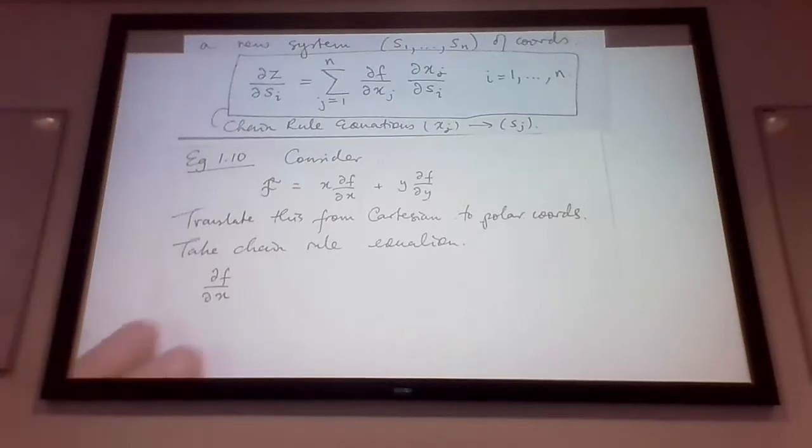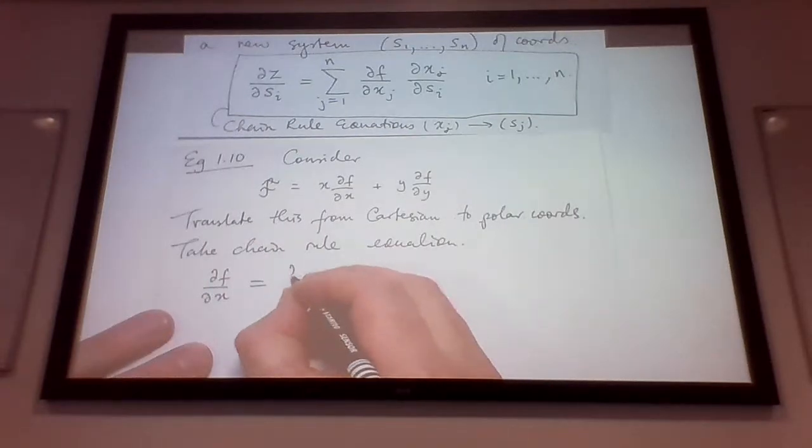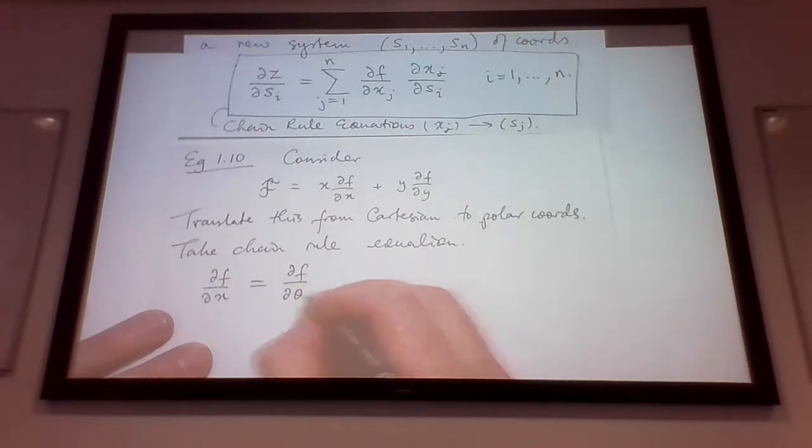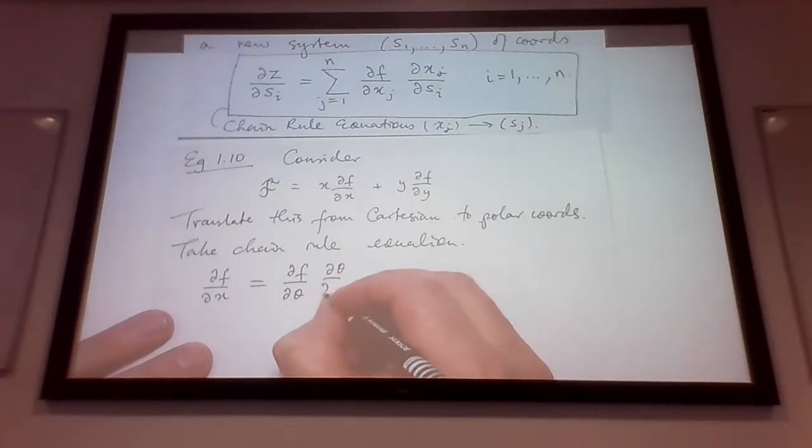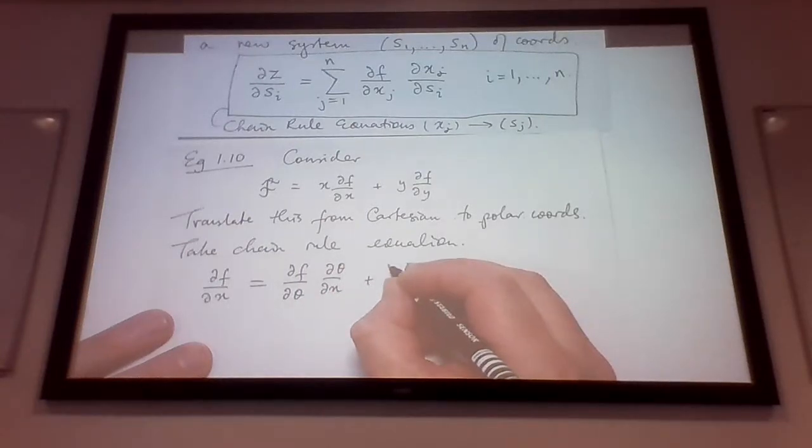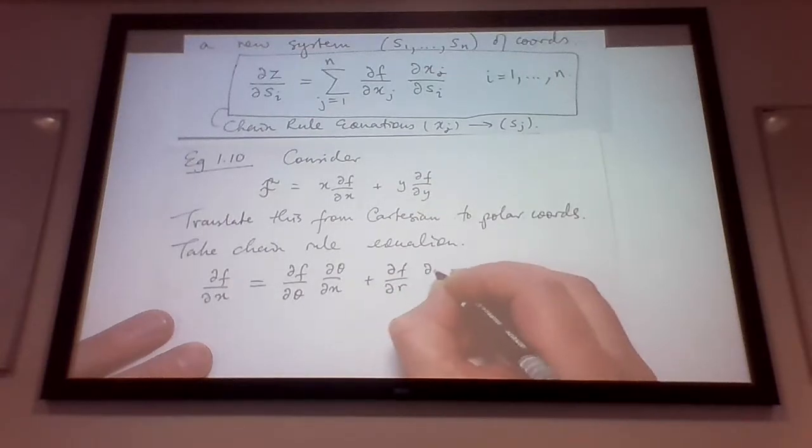So here I'm applying it to the case where I want to express df dx in terms of the other coordinates. Okay. So this is going to be df d theta by d theta dx plus df dr by dr dx.